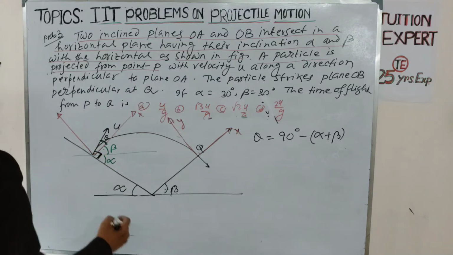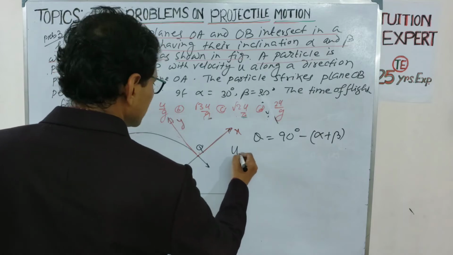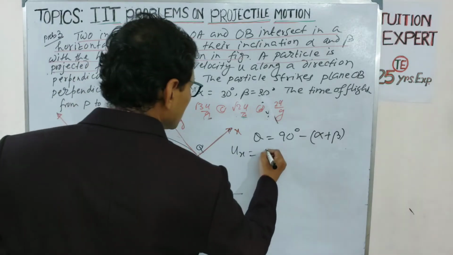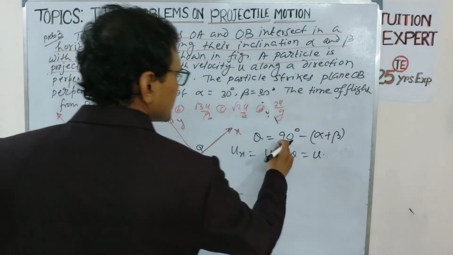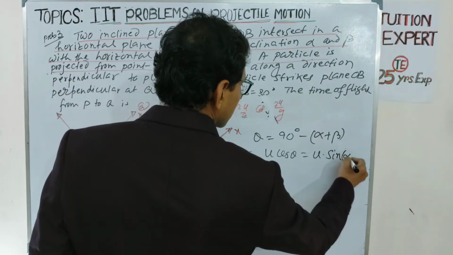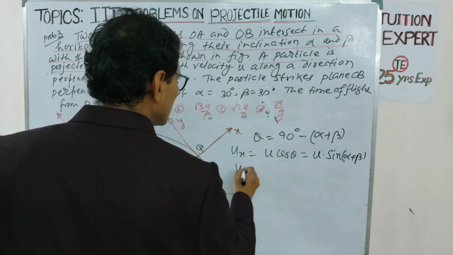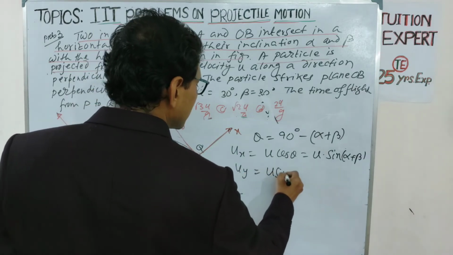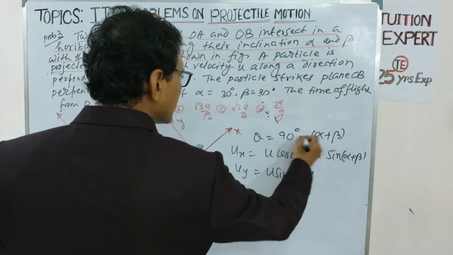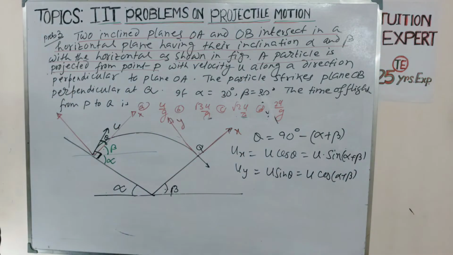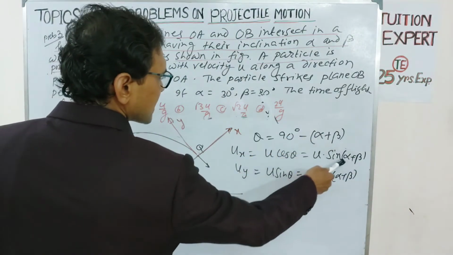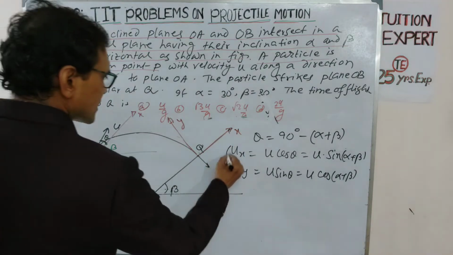So along the x direction, ux equals u cos theta, which is u cos of this, and uy equals u sin theta, that is u sin of this, which means cos. Is this clear? Cos of 90 minus this means sin of this. So we get ux and uy.